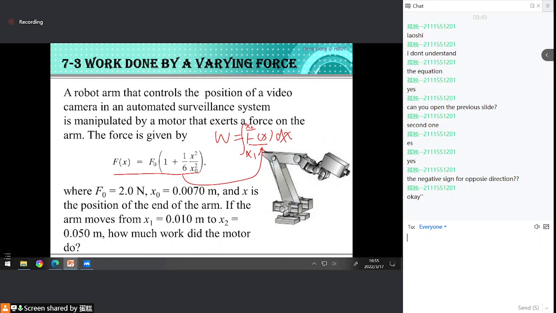You can substitute it into this and calculate the result. So maybe you can try to calculate it by yourself first. Okay, I can give you several minutes to calculate it by yourself first.